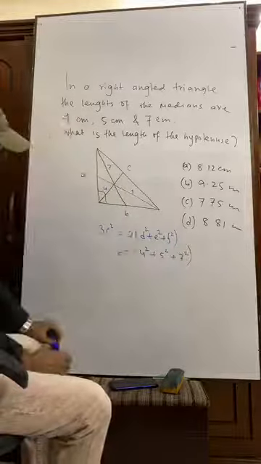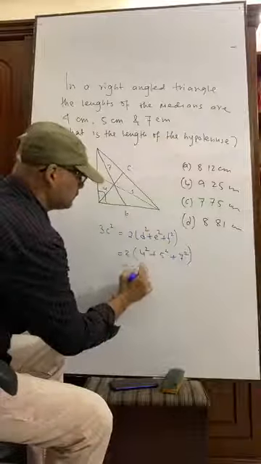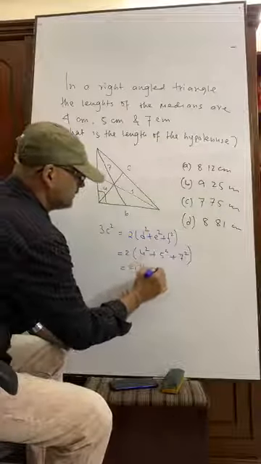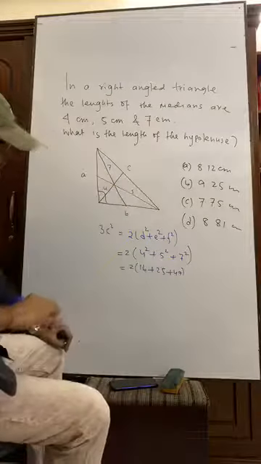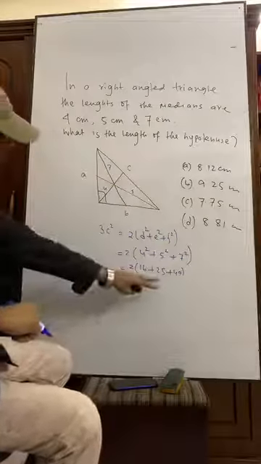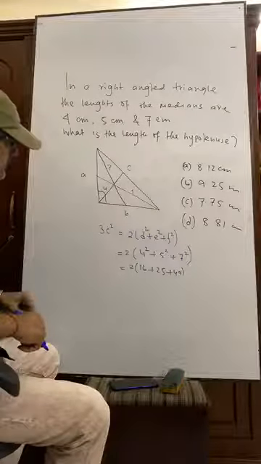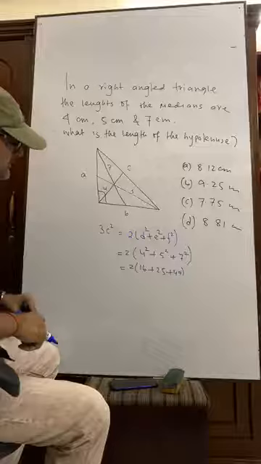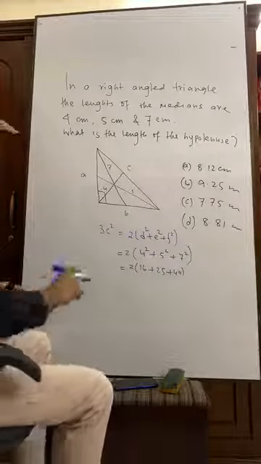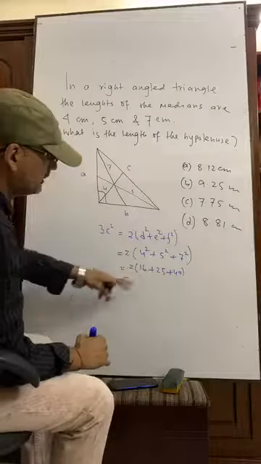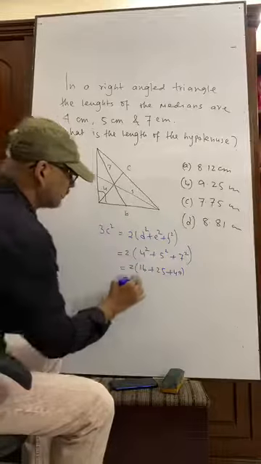So the calculation is 2 into 16, 25 and 49. This is 41, so this is 90. This is equal to 41, 50, that is 90. So it is 180.